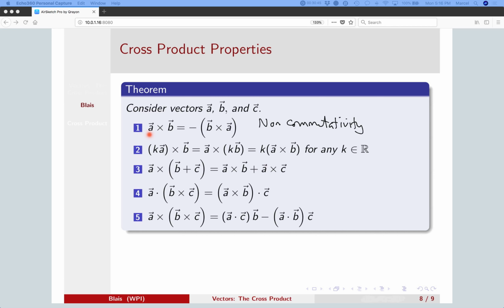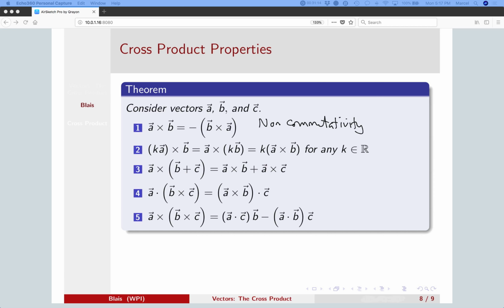So A cross B is not B cross A, it's the negative of B cross A. So this just means, again, that they point in opposite directions. If K is a constant, you can do KA cross B. You can move that K over to B. Or you can do A cross B and then multiply by K outside. All results in the same thing.